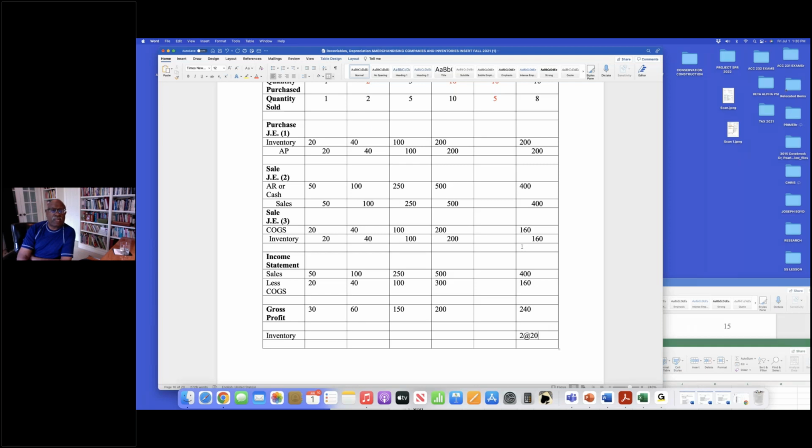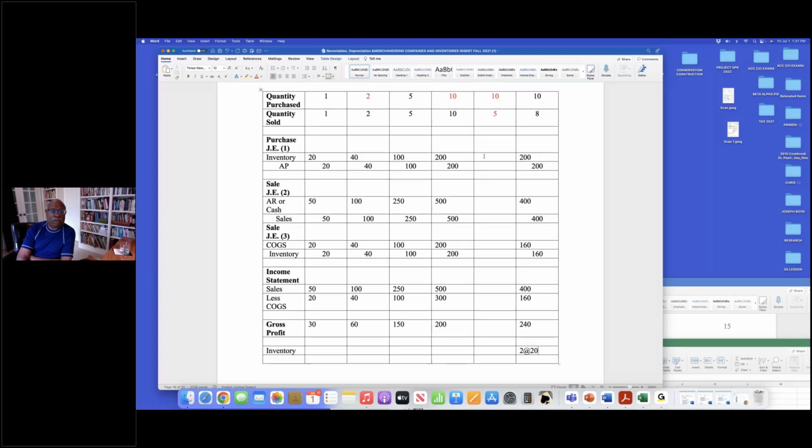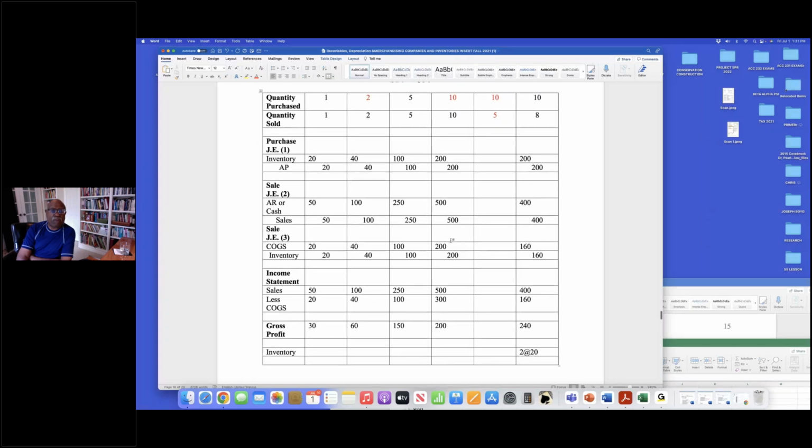Let's see. I think this is reversed here. Cost of goods sold should have been 200, and the gross profit should have been 300.